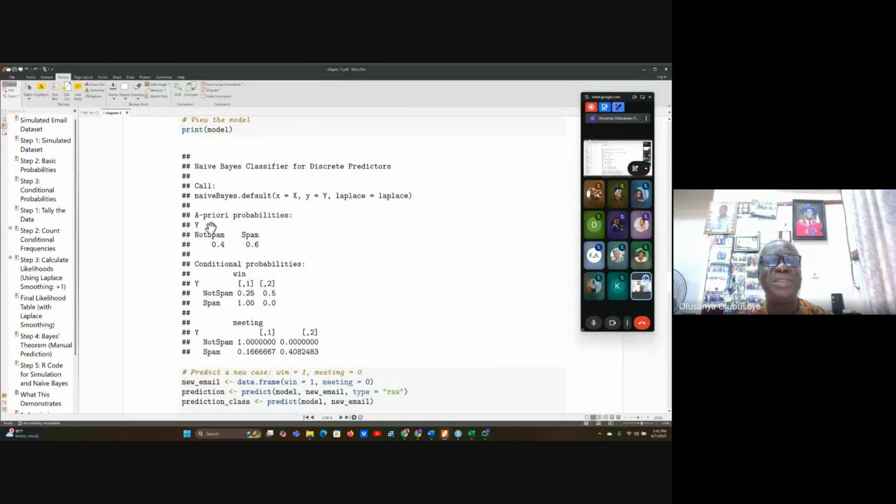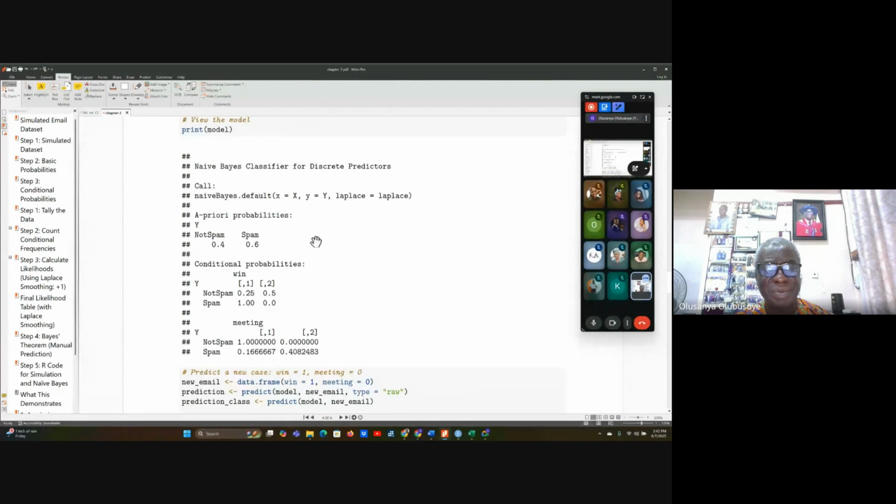So this is the probability of not spam. This is the probability of spam. From here, one could easily say that we have a 60% chance of having a message that is spam, and a 40% chance of having a message that is not spam in our data set.